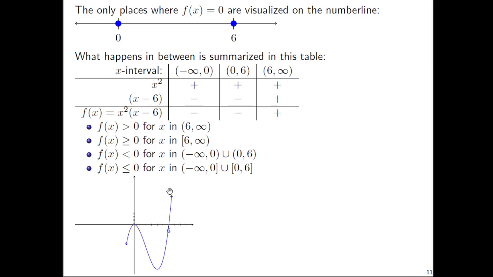Like when x is 7, y is up here. So it's when x is between 0 and 6, y is negative, and then when x is a positive number between 6 and infinity, y is positive. Over here there are some x values that are positive, and over here there are x values that are positive. So the language needs to be extremely careful here.